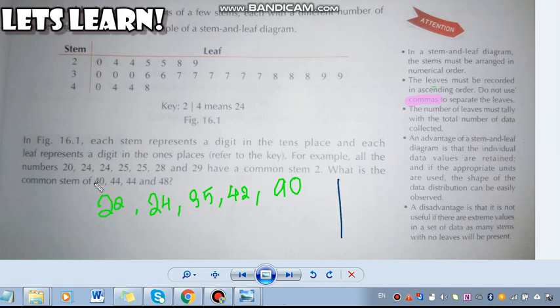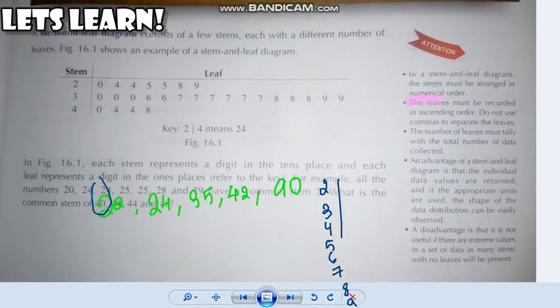So here I have the first stem 2, so that's 2 here. Then we have 3, then we have 4. Now the next stem I have is 9, but I can't write 9 after 4, as 9 doesn't come right after 4. So I'll have 5, then 6, then 7, then 8, and then 9. So what will happen?